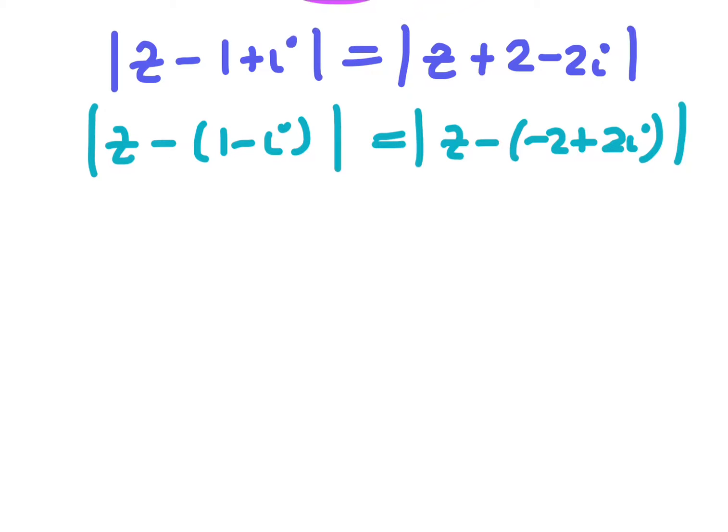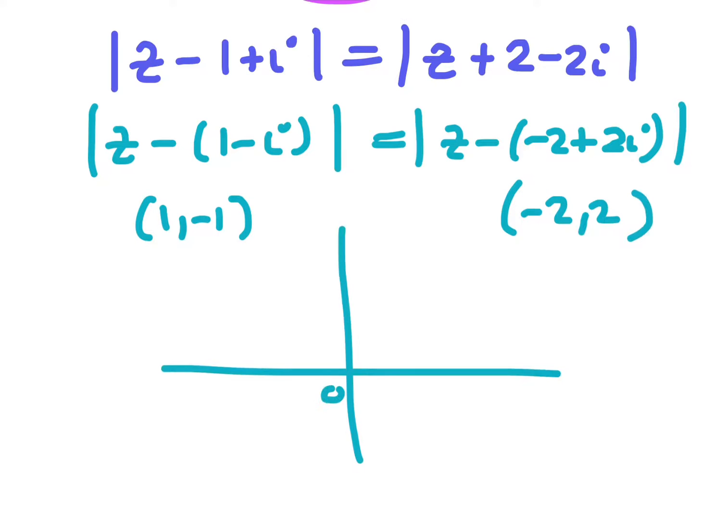Okay, they're the same thing. So this point here is (1, minus 1), and this point here is (minus 2, 2). So if you go 1, minus 1, that's there, and minus 2, 2, that's there. So if you want to find the line that is halfway between those 2 points, and then perpendicular to it.